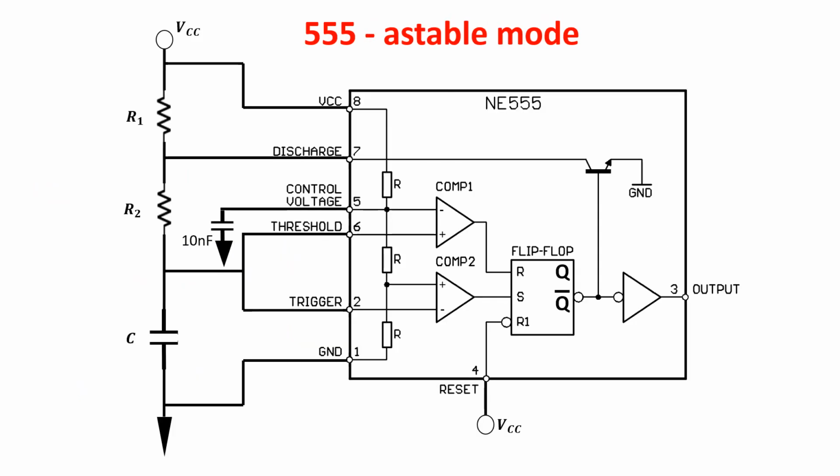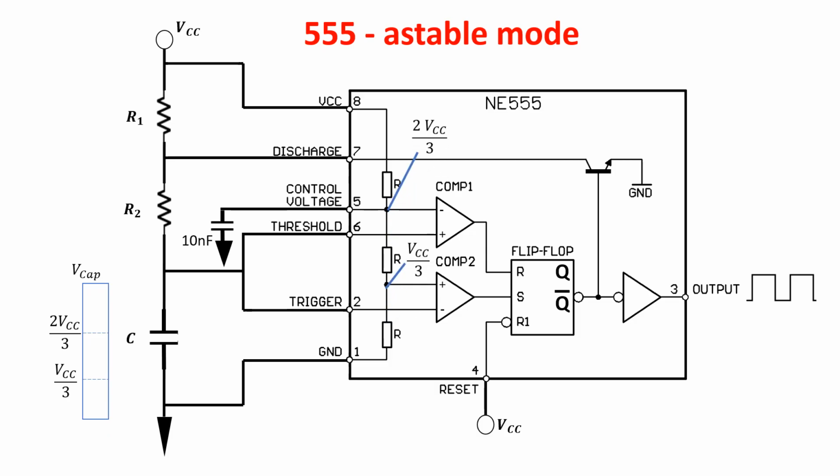Here you see the 555 in astable mode configuration, so producing an oscillation. The working principle is similar to the 566, but we don't have the constant current anymore. So let's say initially the capacitor is at 0 volts. Comparator 2 is connected to VCC divided by 3, and comparator 1 has the negative input connected to 2/3 of VCC.